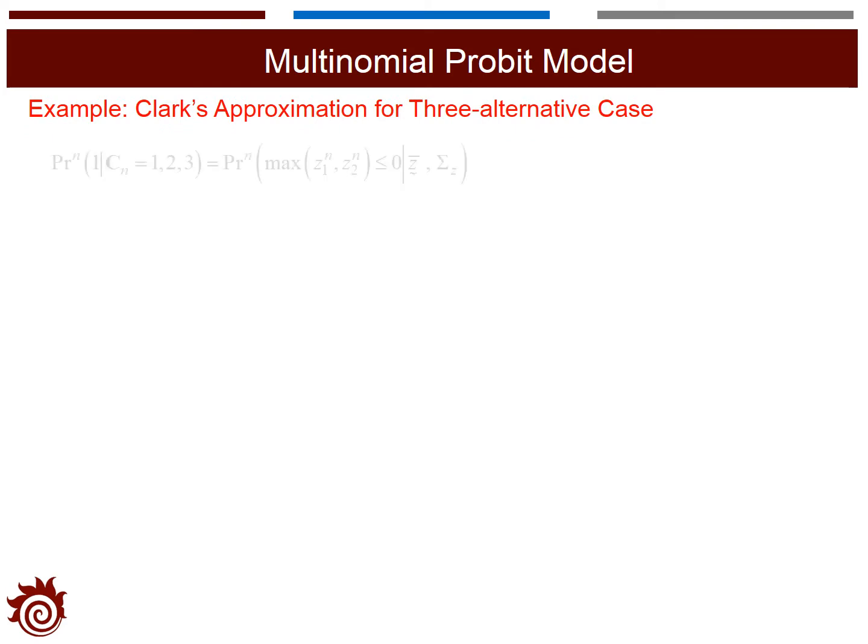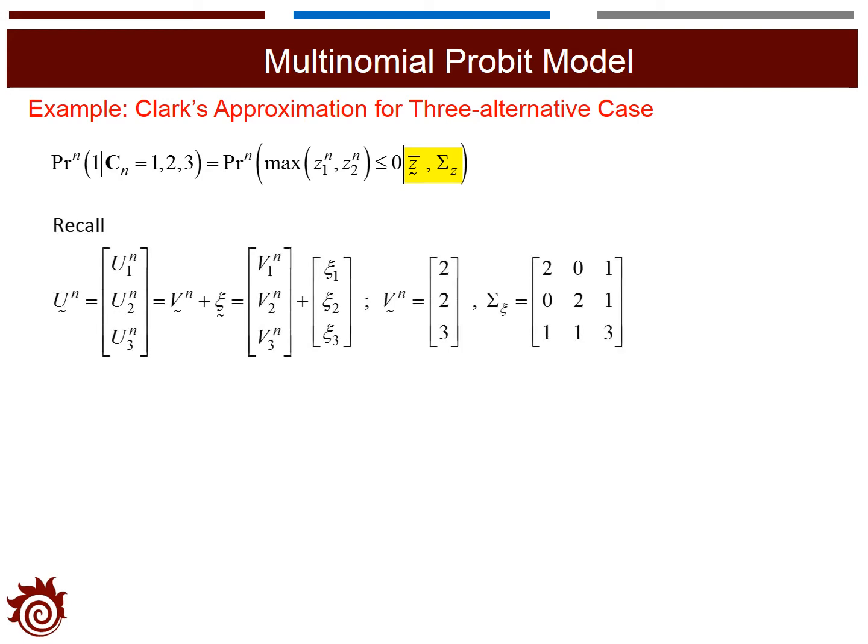To find out the probability, we have to first estimate the mean z bar and the covariance matrix sigma z for the z vector. Here we will recall the definition of the utility, which would be v plus sigma. And in this example, we assume that both the deterministic utility and the covariance matrix are given.